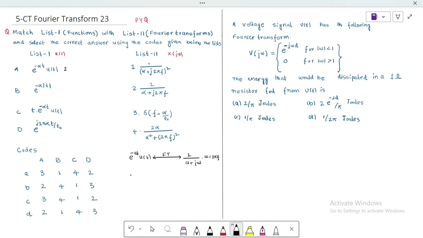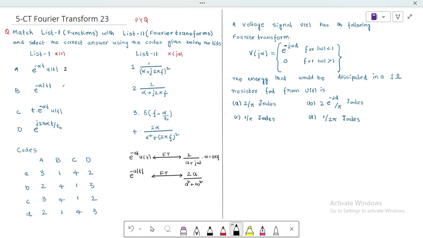We have the formula: e power minus a mod t, its Fourier transform equal to 2a by a square plus omega square. Here this omega is written as 2 pi f.